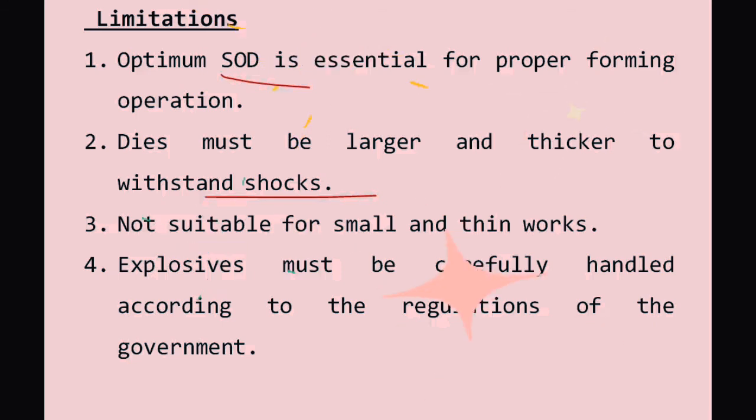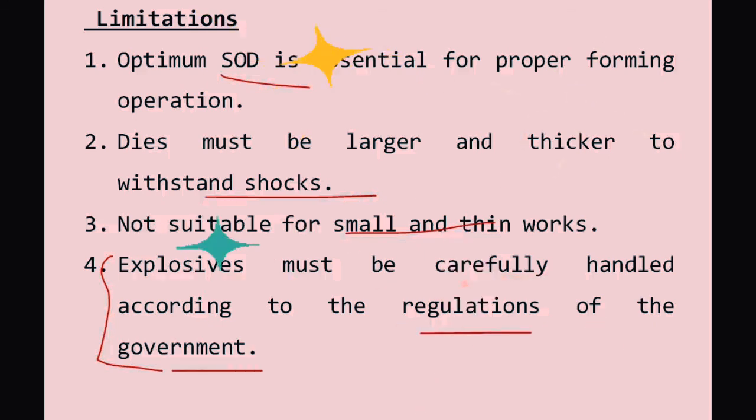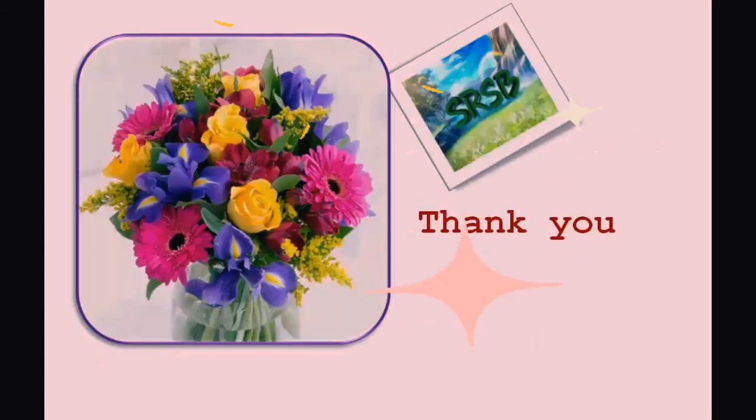It is not suitable for small and thin works. The final point is very important: explosives must be carefully handled according to government regulations. Only when you get permission from the government can you conduct the explosive forming process. Thank you.